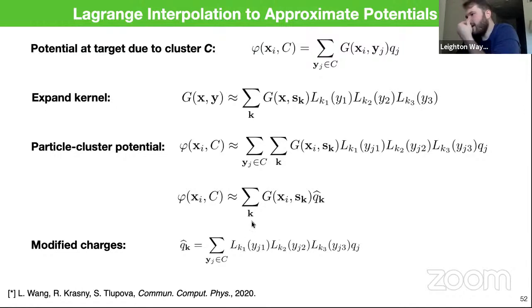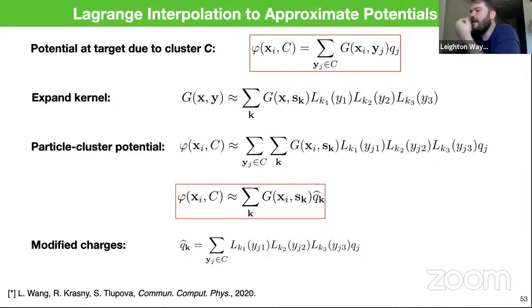And one thing to notice about this form is that the direct potential looks as follows, right? We have our evaluation of the kernel times these source charges, and when we approximate it using this barycentric Lagrange interpolation, we get something very similar, except now instead of summing over the source positions in the cluster, we're summing over some interpolation points in the cluster.